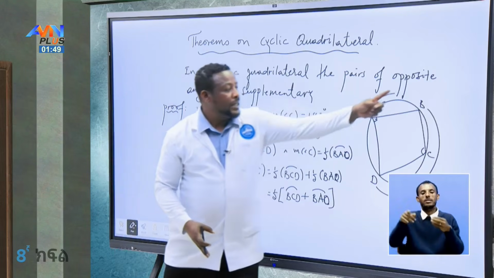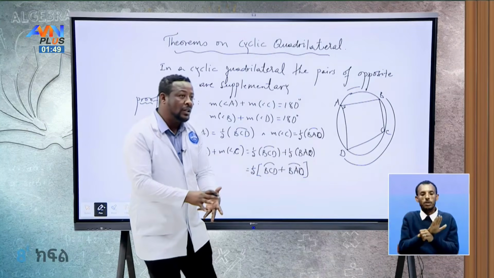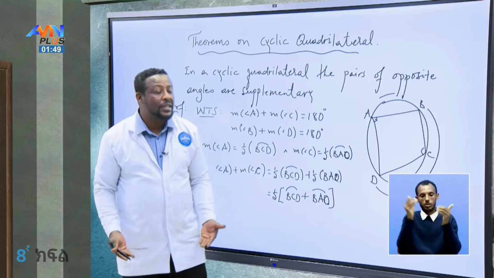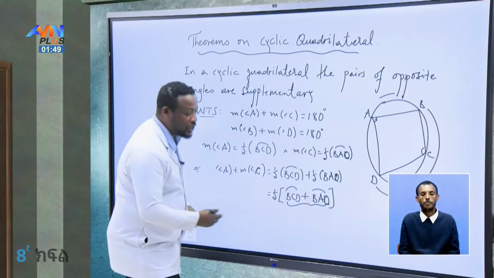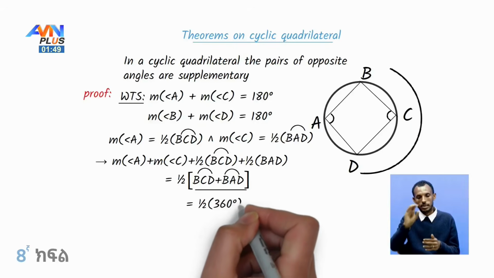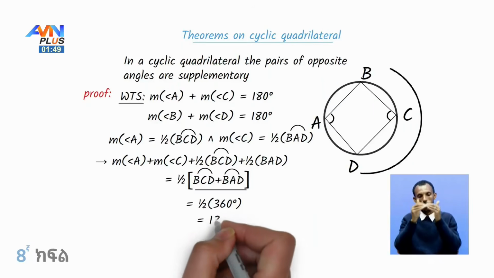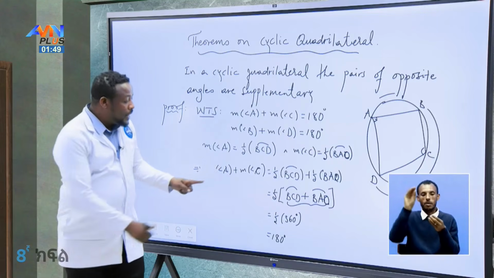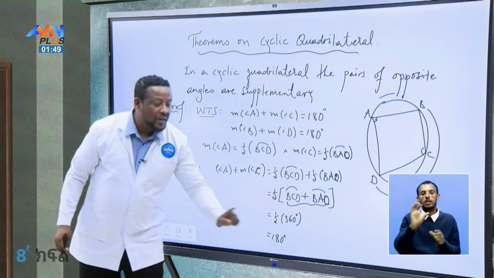BCD and BAD form a full circle. As you all know, the degree measure of a complete circle is 360 degrees. Therefore, this becomes half of 360 degrees, which is 180 degrees. So as you can see here, the sum of angle A and C is 180 degrees.